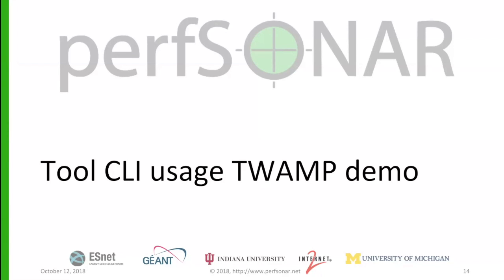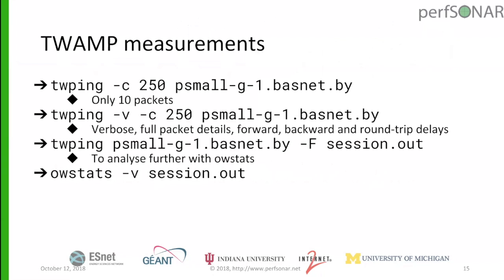So I will continue with some examples of how you use TWAMP on your Linux machine and what the actual measurement output is that you can get. So let's first have a look at some example commands of running TWPing on the command line.